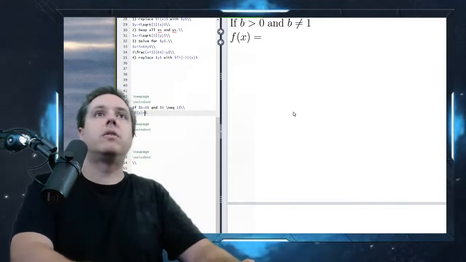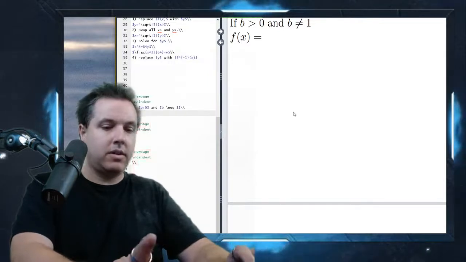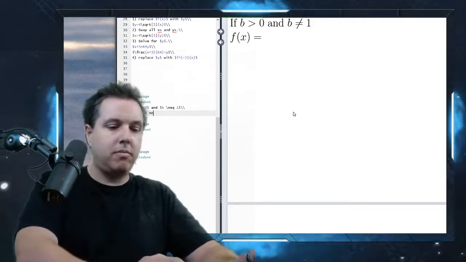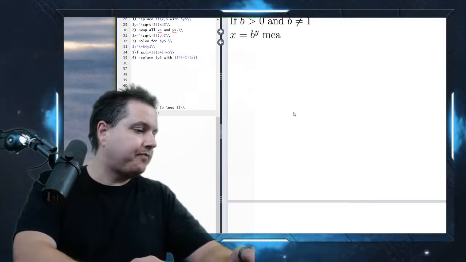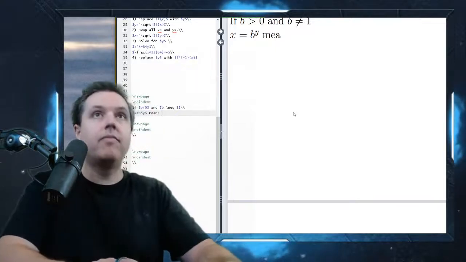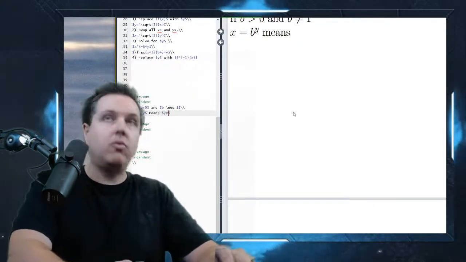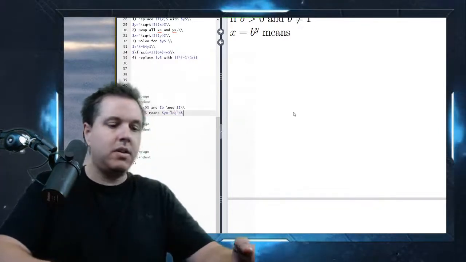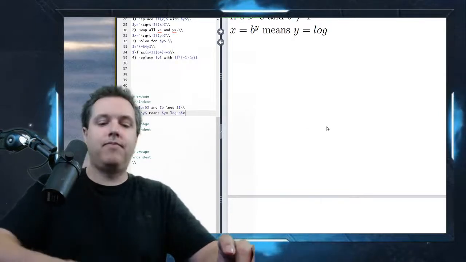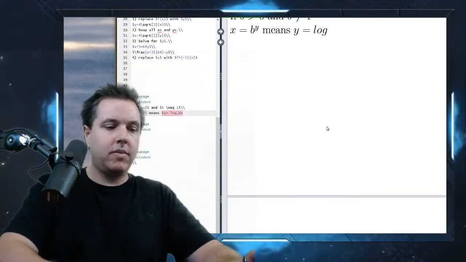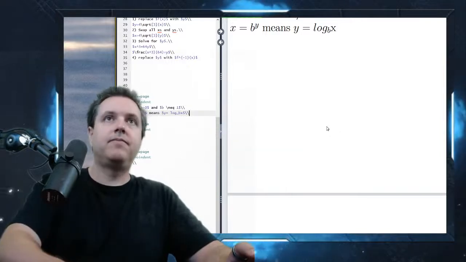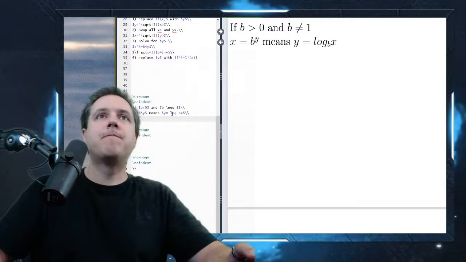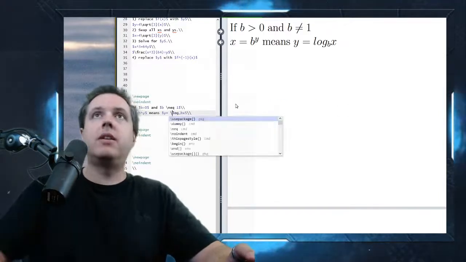Right. Let's write it this way. x equals b to the y means y equals log base b of x.